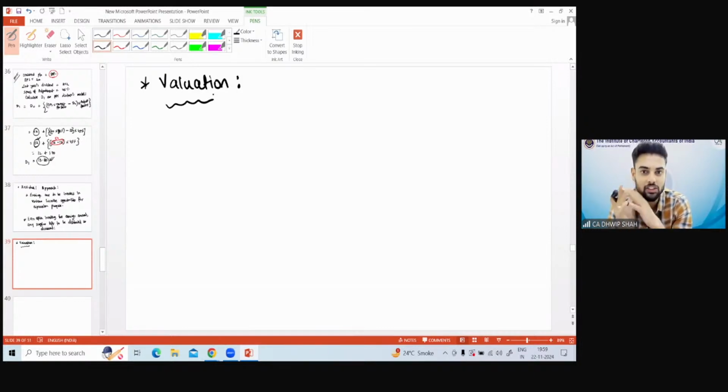So valuation is not a principle or a rule. It is very logical, very flexible. You can prepare your own model as well, you just need to know how to justify it. Only the relevant part we will learn at CA intermediate level. The rest you will face at CA final level.